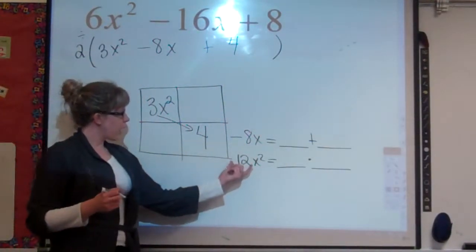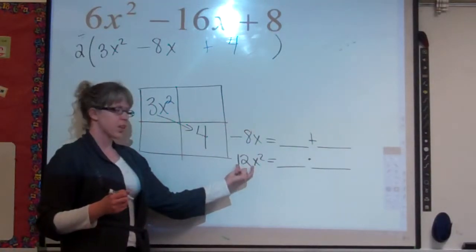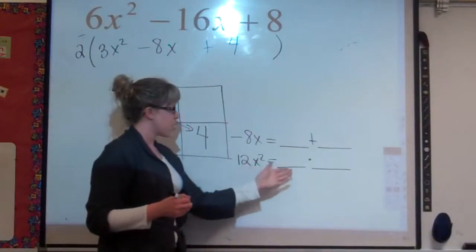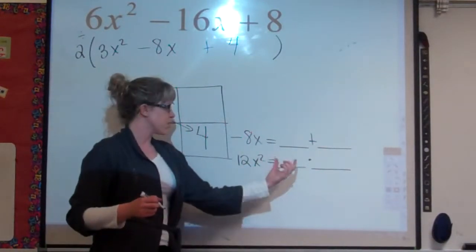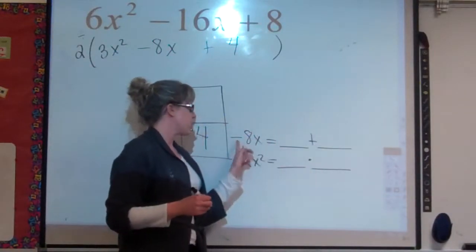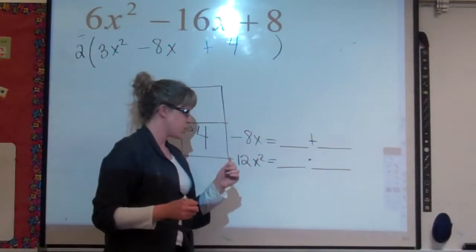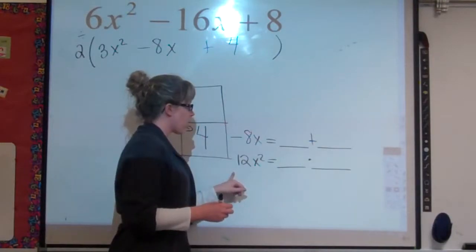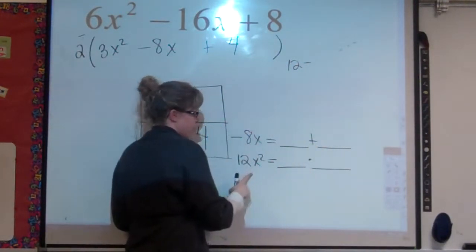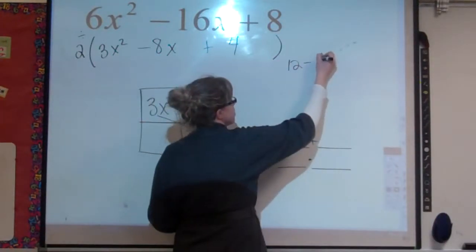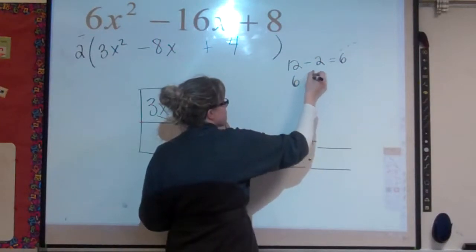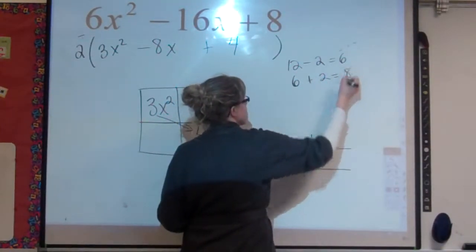Now, when I see that I have two numbers that multiply to give me a positive, but add to give me a negative, that to me means that they both have to be negative. Because a negative times a negative is a positive, but a negative plus a negative is still negative. So at this point, we are going to divide 12 divided by, and let's try 2. 12 divided by 2 is 6. 6 plus 2 is positive 8.